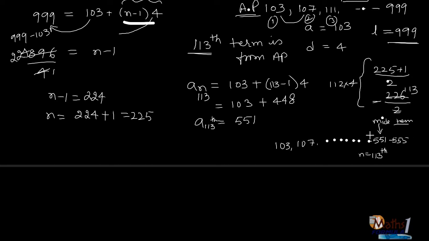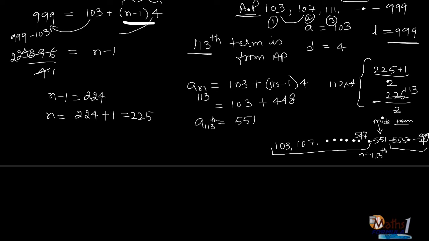If I subtract 4, this will be 547. So now we need to find the sum of before and the sum after, because after this it goes till 999.